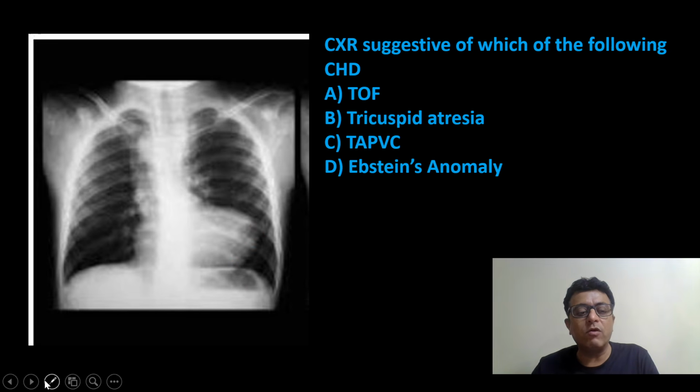Normally the apex rests on the diaphragm, but here the apex is lifted up. The pulmonary bay is concave. So this is the appearance of boot shaped heart.